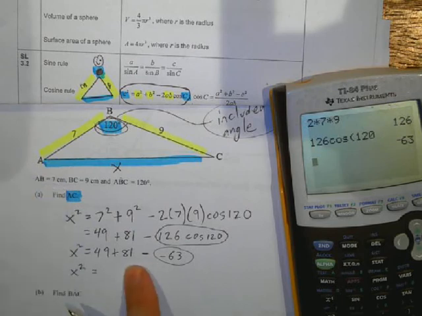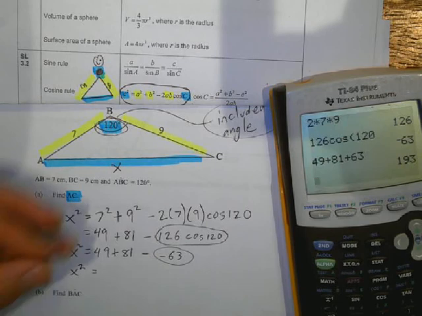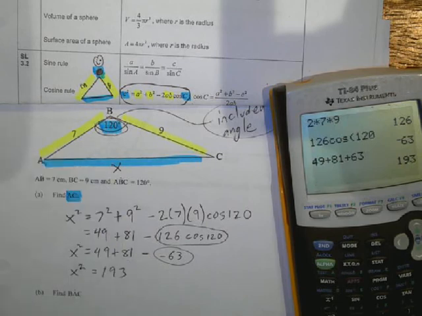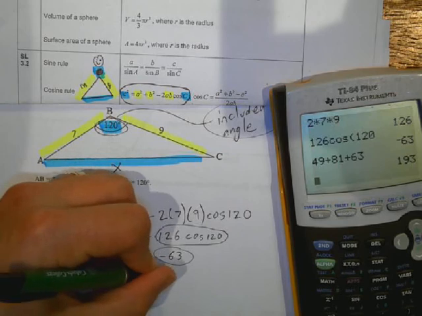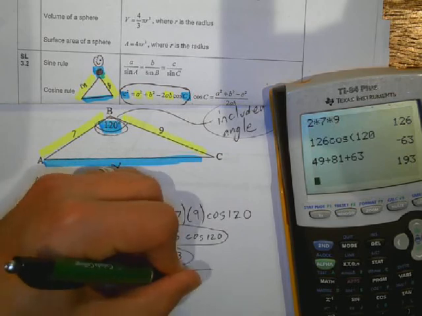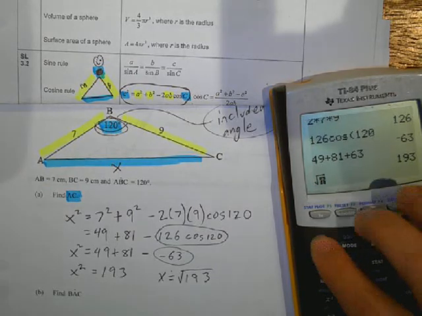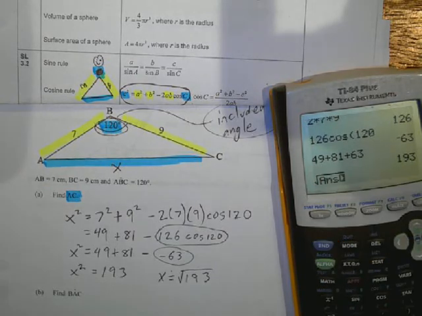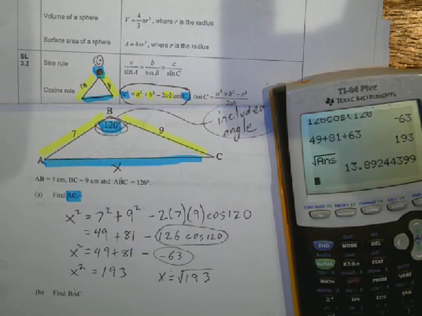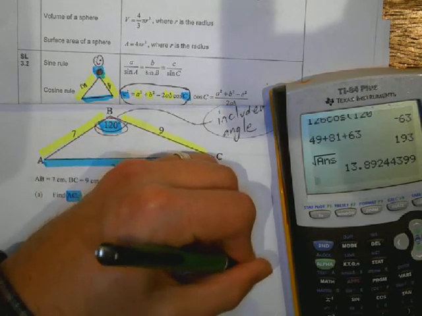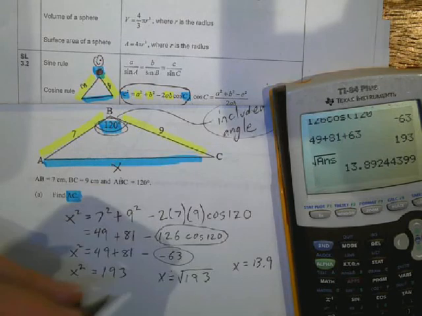So 49 plus 81 plus 63 gets me 193. And so to find x, we take the square root of 193, and then we get 13.9 centimeters.